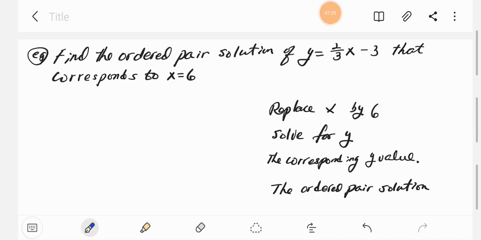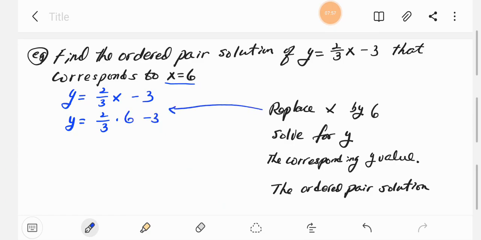That value will be the corresponding y value. So let me write the equation: y equals 2/3 x minus 3. From this one, we want to replace x with 6. So y is equal to 2/3 times 6 minus 3. This is how we substitute it, and then solve for y.